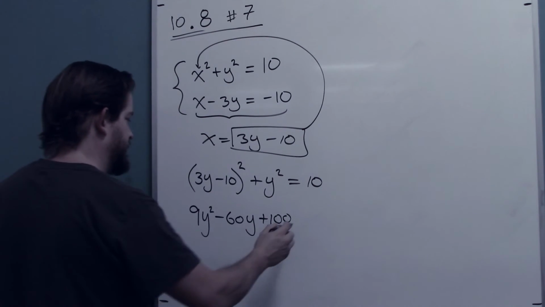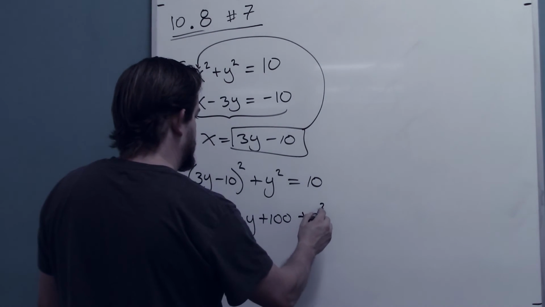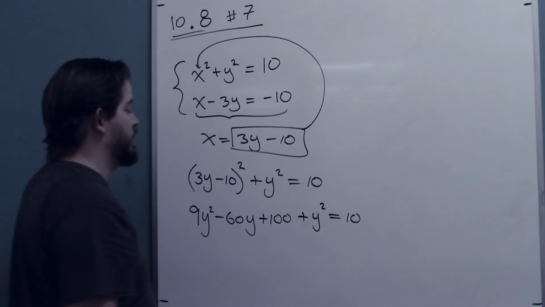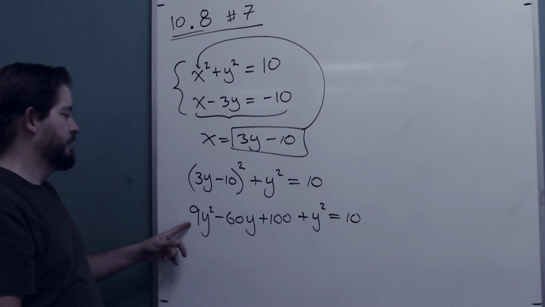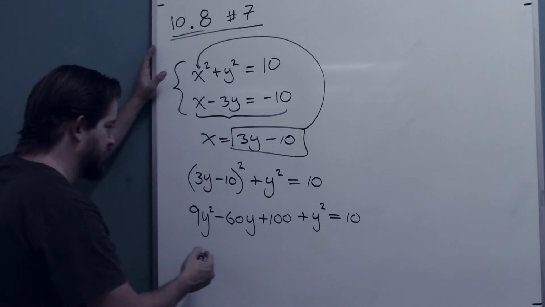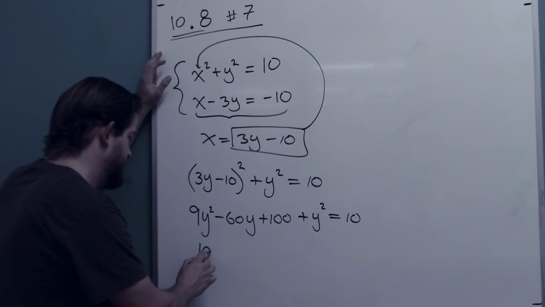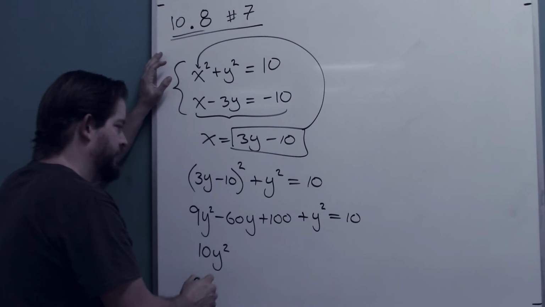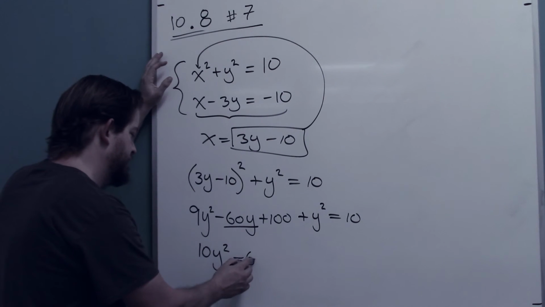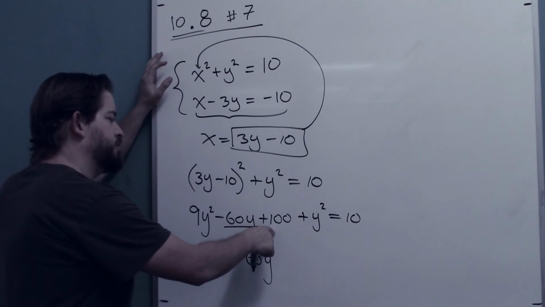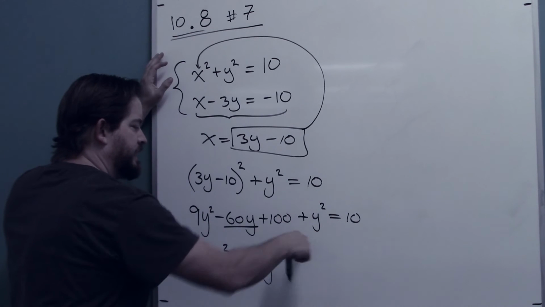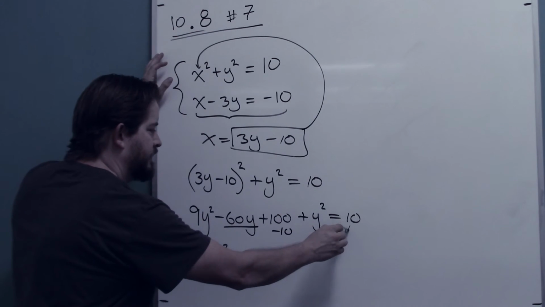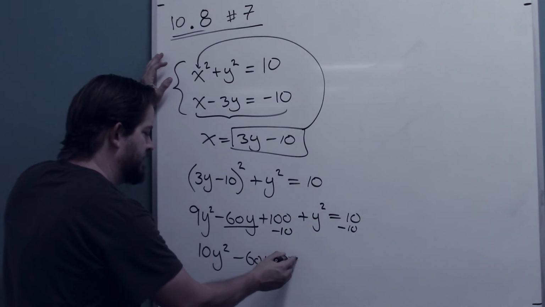Plus y squared equals 10, and I have a quadratic in y, right? Simplify this a little bit more, I've got 10y squared, and I've got minus 60y. I've got this plus 100, but I'm going to subtract this 10 over to this side, so that gives me plus 90.